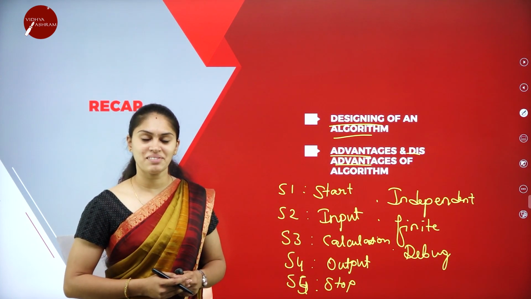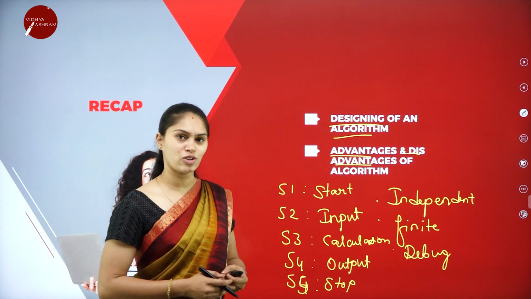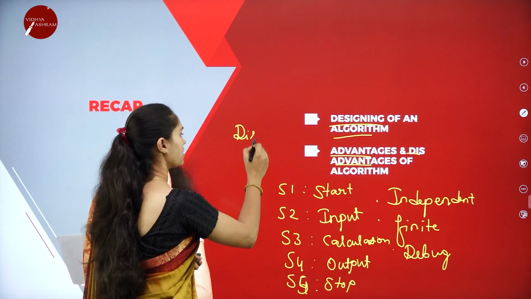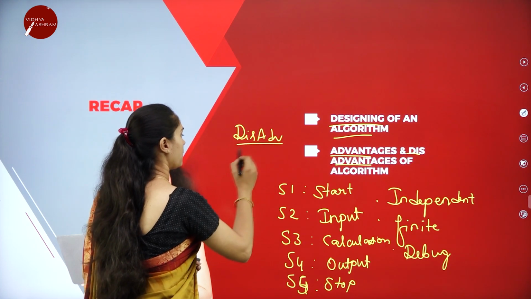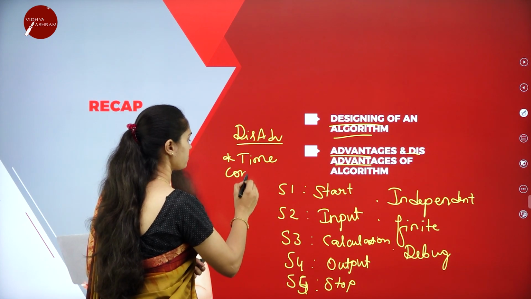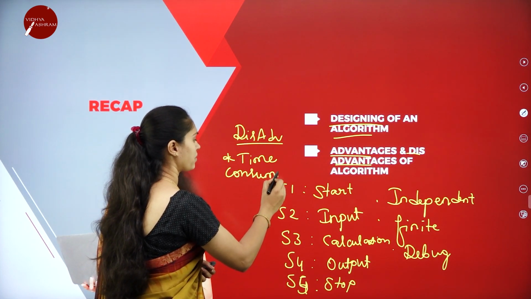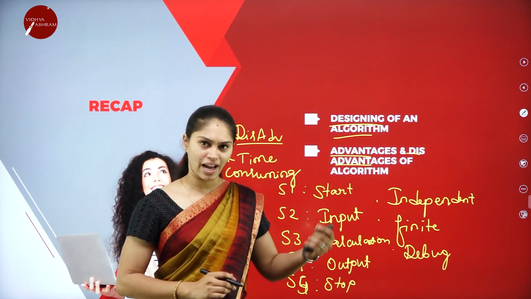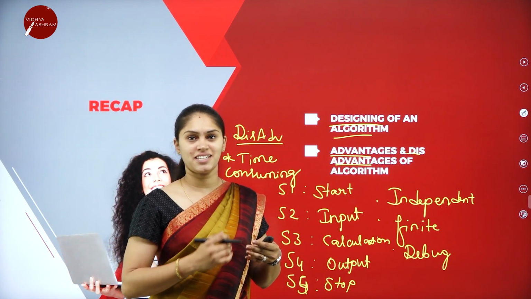Then what are the disadvantages with regards to this algorithm? It is time consuming. That is one of the disadvantages. So why is it time consuming? Because it will take more time to write and to work on each stage.